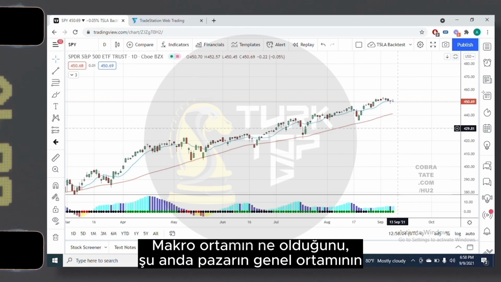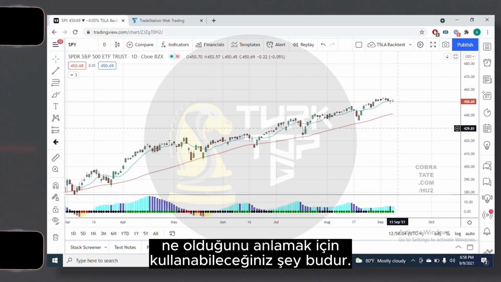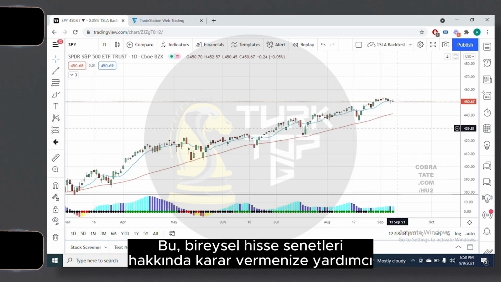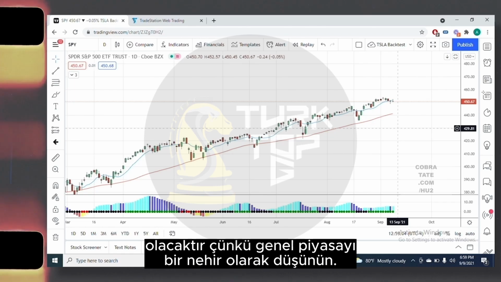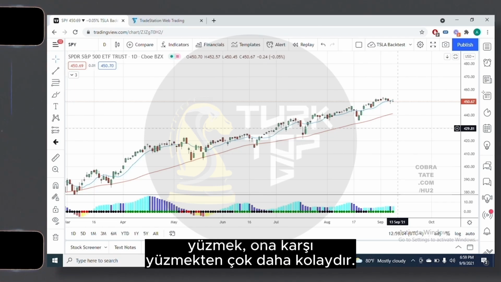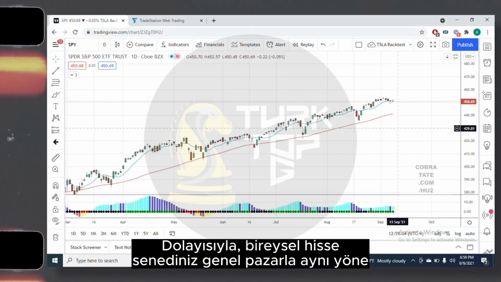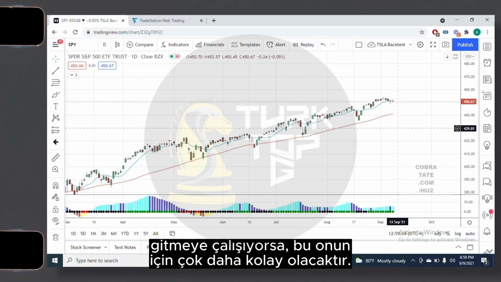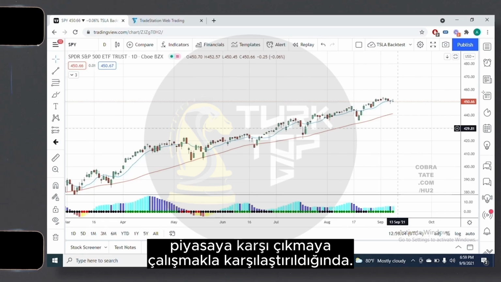That's what you can use to understand the macro environment, what the overall environment of the market is right now. That will help you make decisions on individual stocks, because think of the overall market as a river. If you think of it as a river, it's a lot easier to swim with the flow than against it. So if your individual stock is trying to go in the same direction as the overall market, it will be a lot easier for it than trying to go against the market.